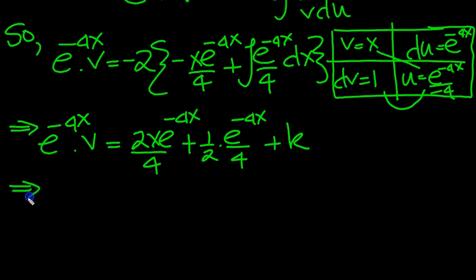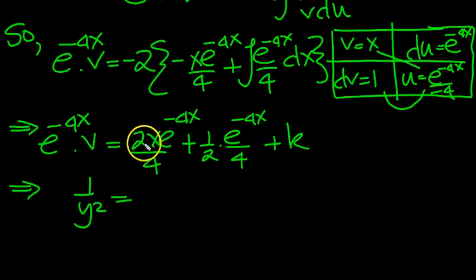So what does that give then? So let's multiply all the way through by e to the 4x, and replace v by y to the 1 minus n, which is y to the minus 2. So I'm going to write that as 1 over y squared. So 1 over y squared equals, now I'm timesing all the way through by e to the 4x, so we'll just get an e to the 4x come up here, and all these will be 1s, won't they?